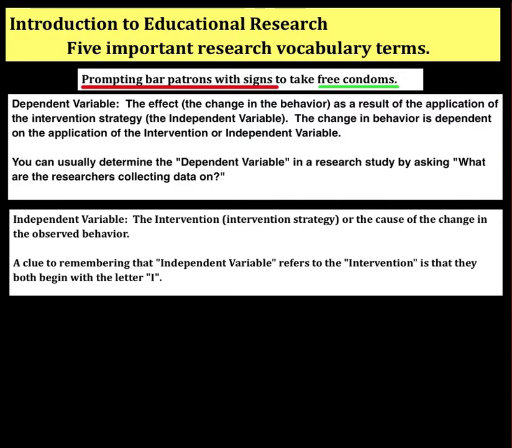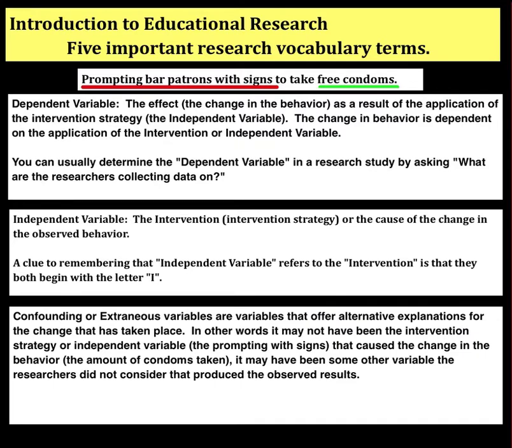And finally, in terms of variables, we have confounding or extraneous variables. They are variables that offer alternative explanations for the change that has taken place in the dependent variable. In other words, it may not have been the intervention strategy or the independent variable.